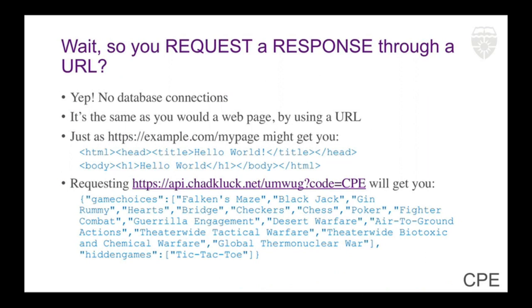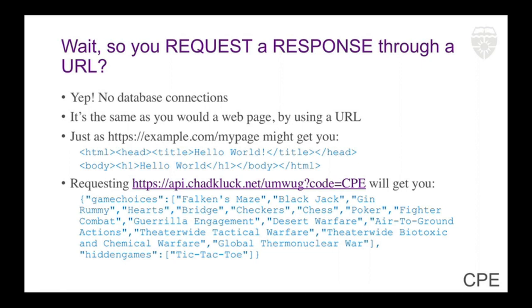So, to request a response, you use a URL. Yes, no database connections. You don't need to worry about that. You just open up any browser and you can do that. I noticed in the past few days, this differs between whether I'm at home or at work, depending on which version of Firefox I'm using.